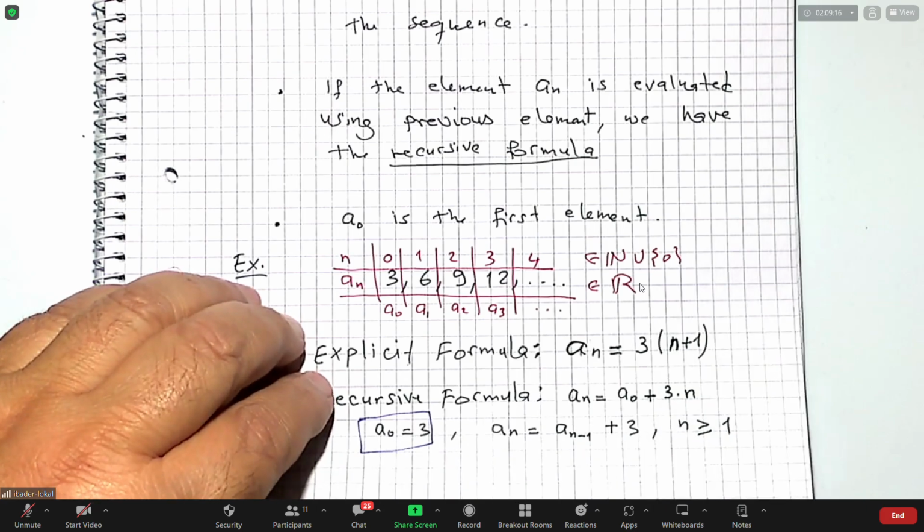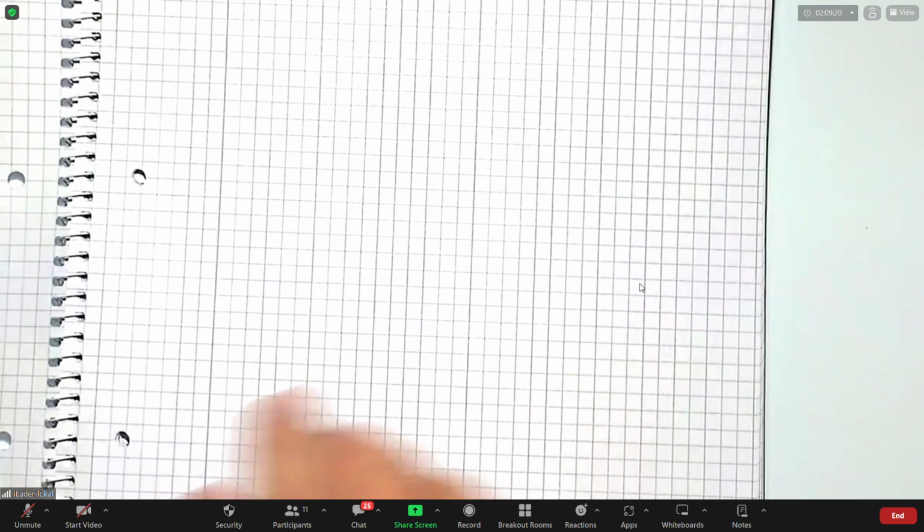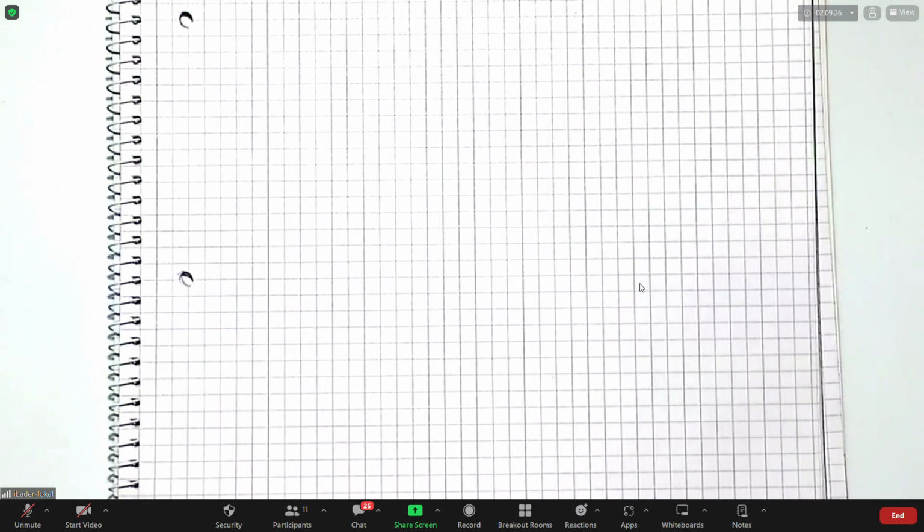Okay, now we will look at some basic types of sequences, and we try to evaluate the first 4 or 5 terms of each sequence. Okay, let's start with the sequence that is constant, the so-called constant sequence. Let me check it here.